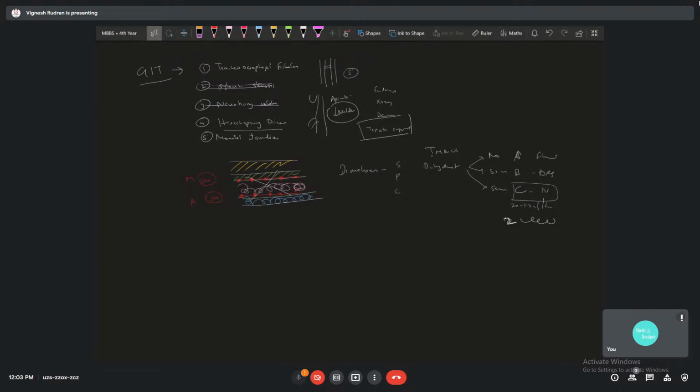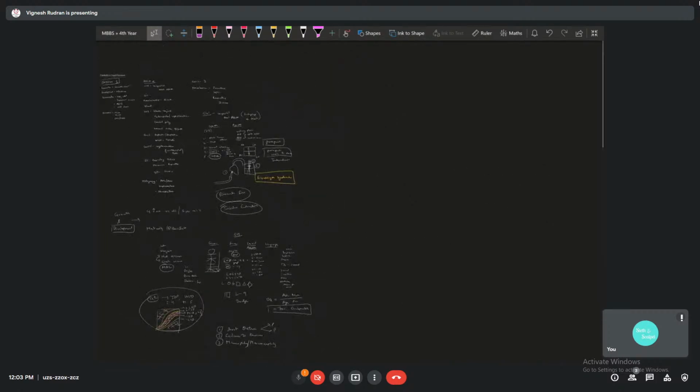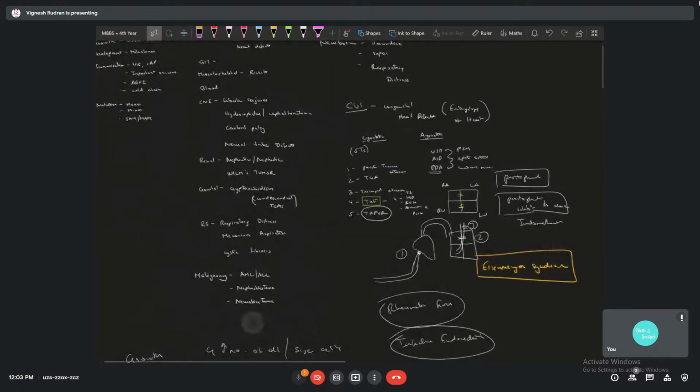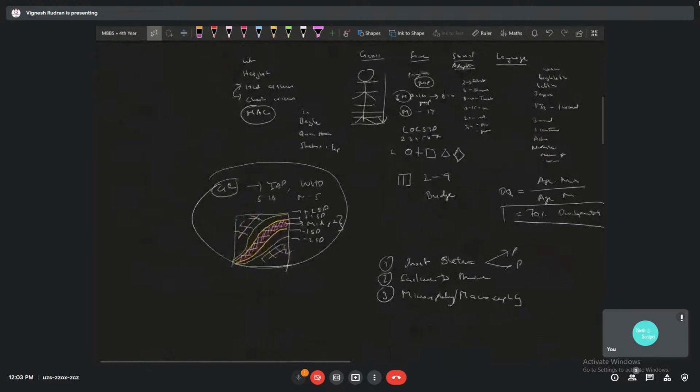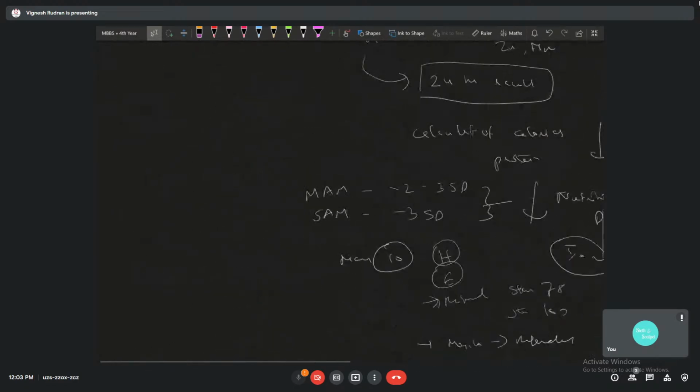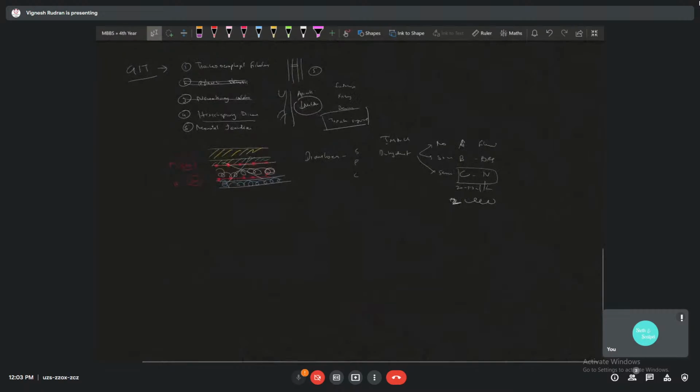So we'll move on to the next system. The next system is musculoskeletal. So you have your rickets. We would have already studied this in our orthopedics. So rickets, type 1, type 2.